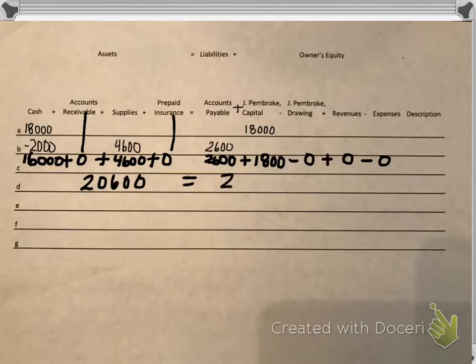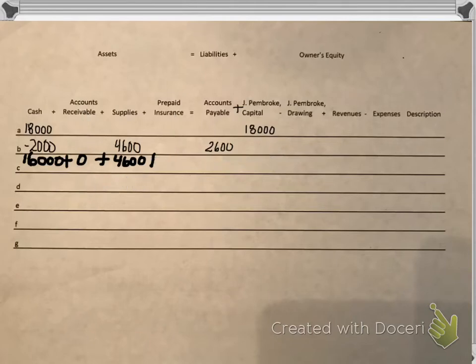So this side of the equation totals 20,600. So the accounting equation remains in balance. Assets equal liabilities plus owner's equity. Now I'm just doing that so you can understand what's happening.